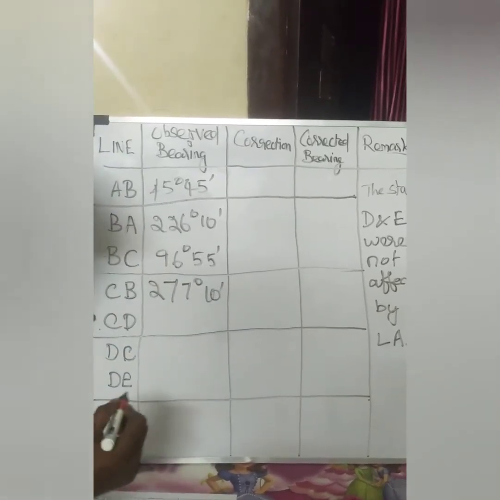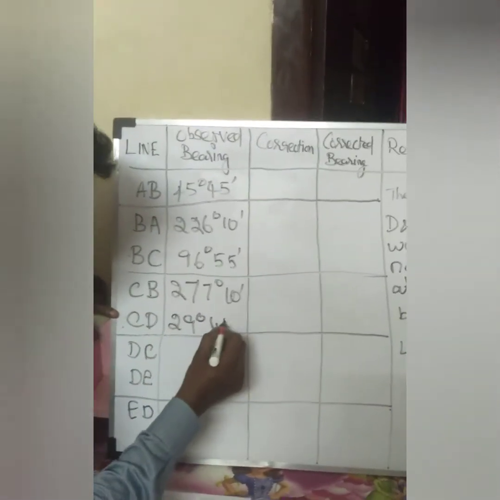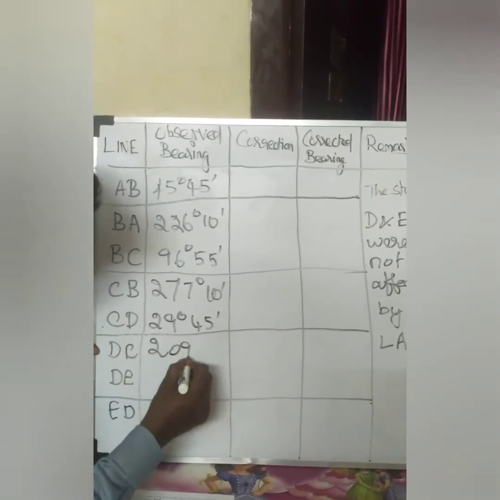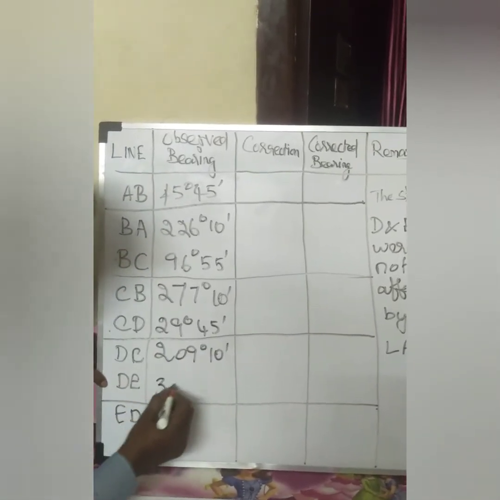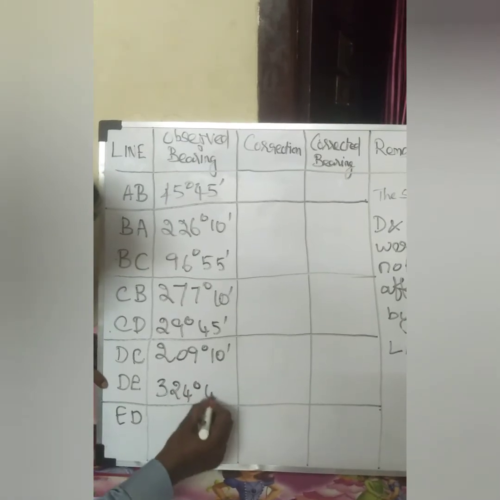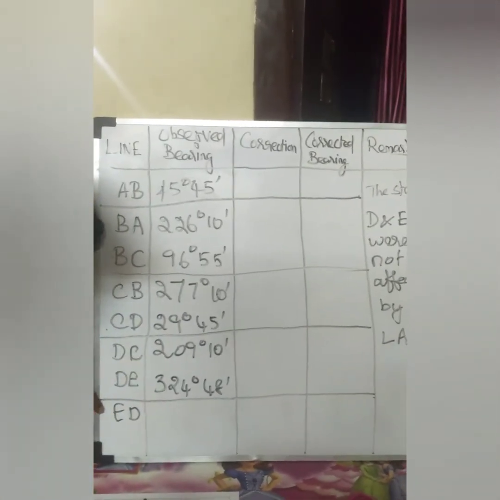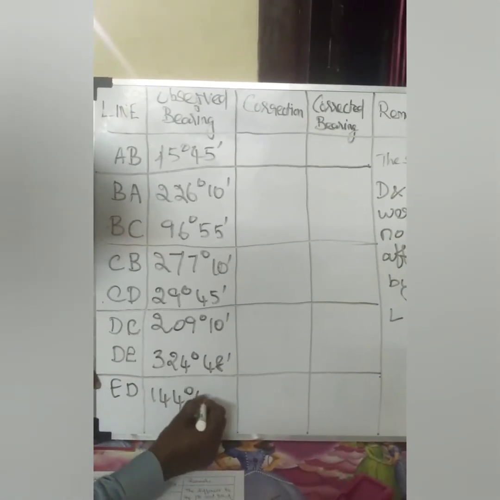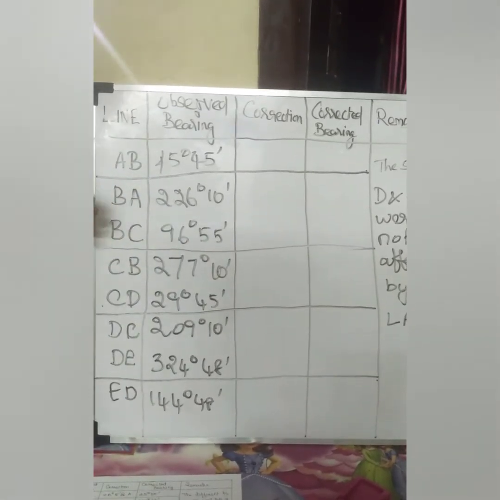Next CD, forebearing of line CD is 29 degree 45 minutes. Back bearing of CD is 209 degree 10 minutes. Forebearing of DE is 324 degree 48 minutes. Last one, back bearing of DE is 144 degree 48 minutes. This is the given observation.